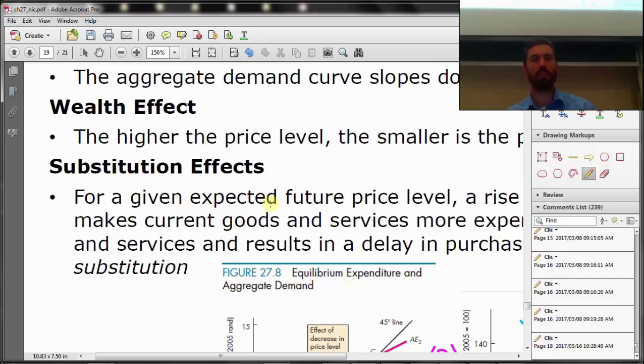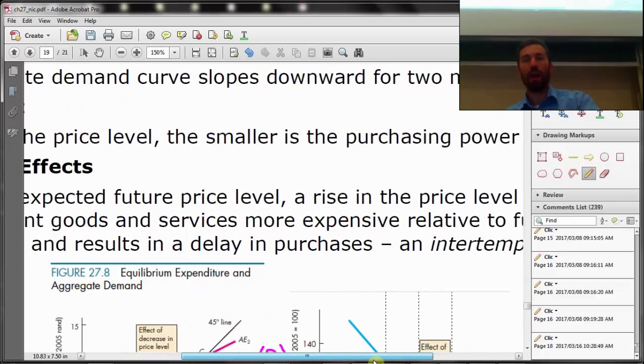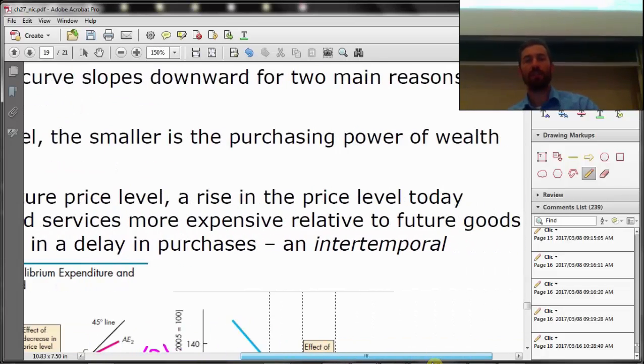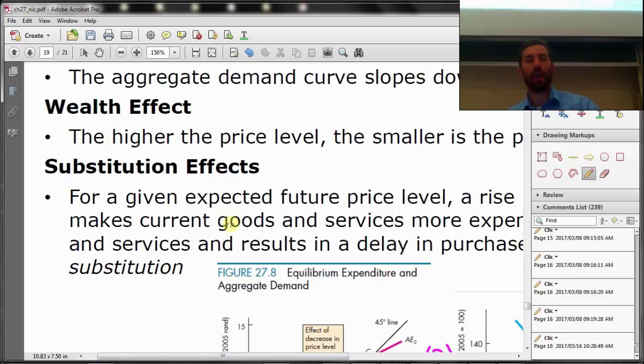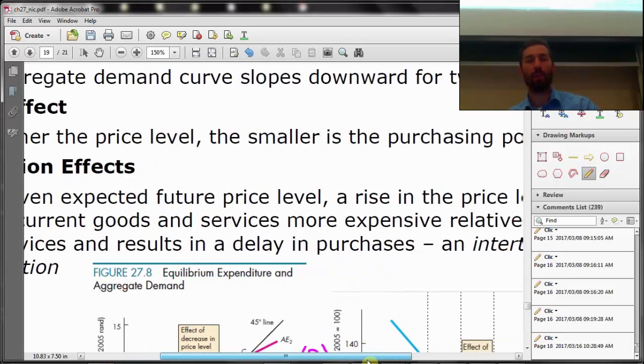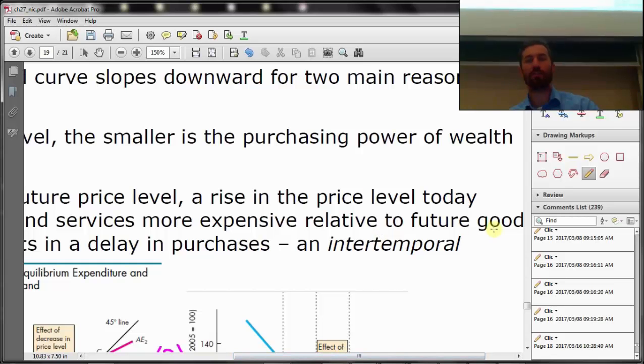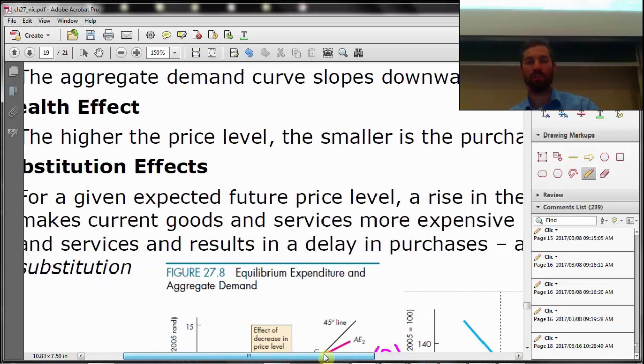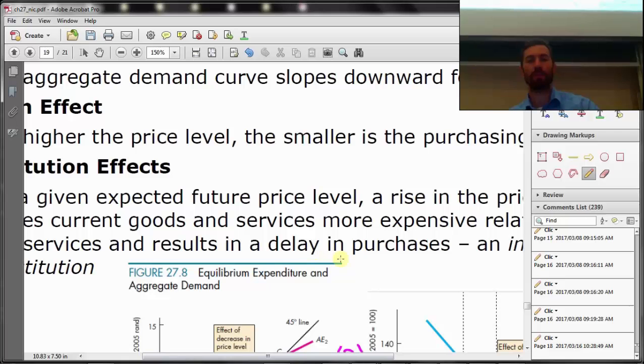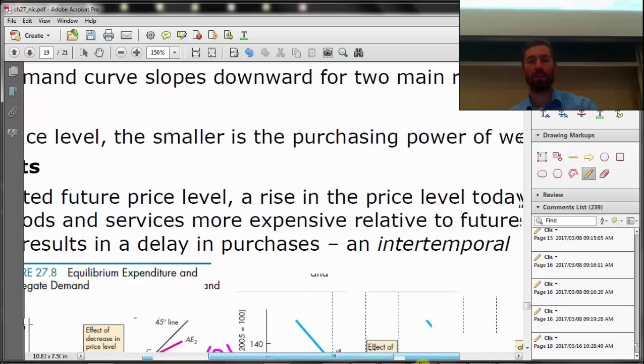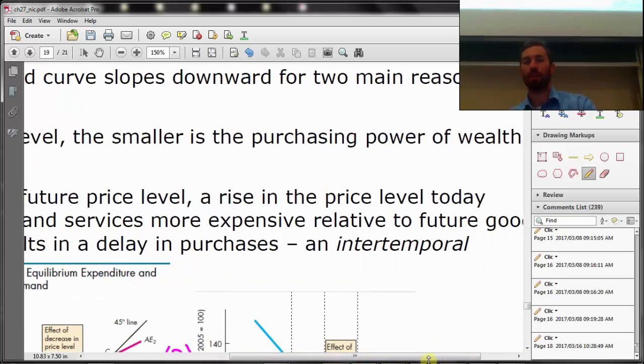What's the substitution effect? For a given price level, for a given future price level, a rise in the price level today means that current goods and services are more expensive relative to future goods and services. And that results in people delaying current purchases for intertemporal exchange reasons.